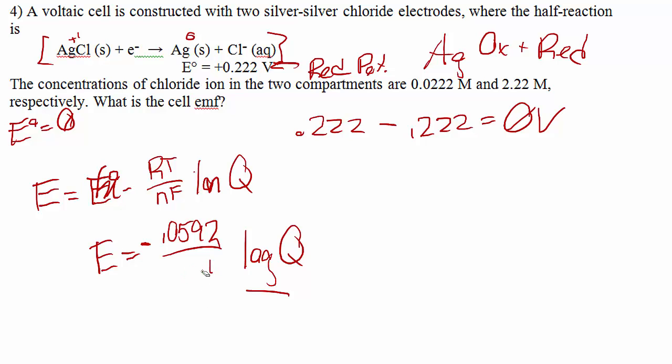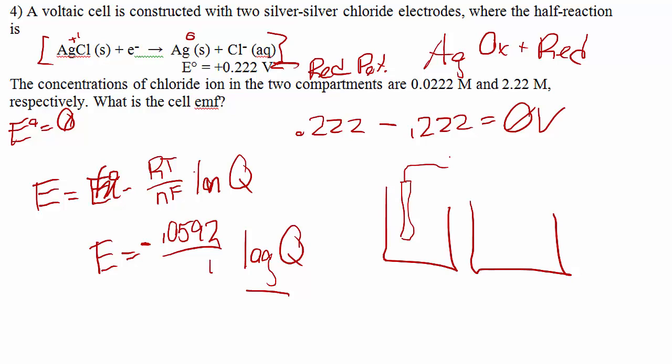And my log of Q, all right, well, let's think about this. What's going to happen if I have 2 half cells hooked up, with a load to my other electrode, and they're both filled with the same stuff? Let's say that this one's more concentrated. That means I have more cations of silver there, and this one is more dilute, which means we have fewer cations.